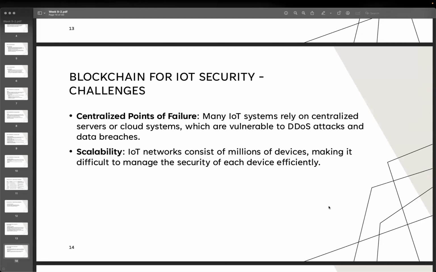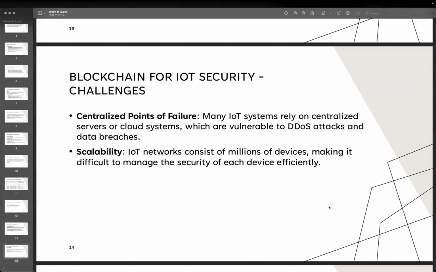The easiest attack is DDoS, which runs you out of resources so you cannot respond. Even if my devices are working fine and keep sending data, your centralized server cannot respond, so you cannot save the data and your app cannot respond. So it causes an issue.